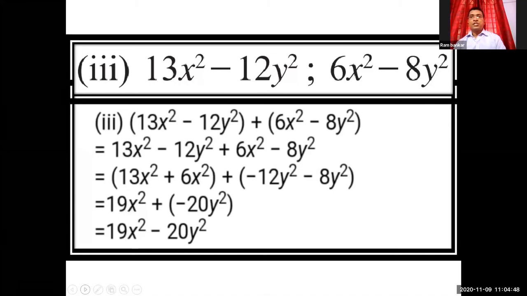In the first step, we remove the brackets as they are. In the second step, we put together the like terms in a bracket: 13x square plus 6x square, plus in the second bracket minus 12y square minus 8y square.